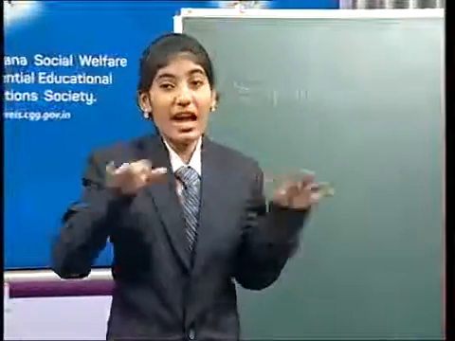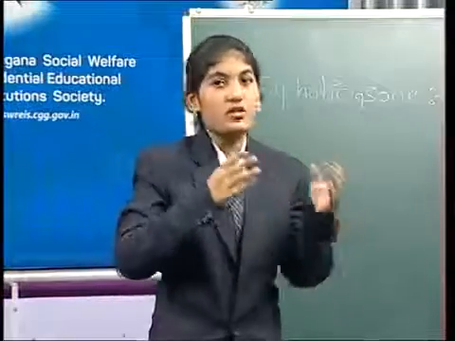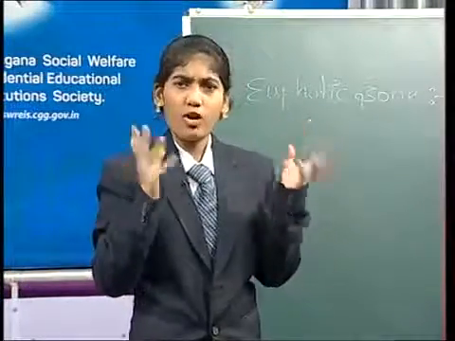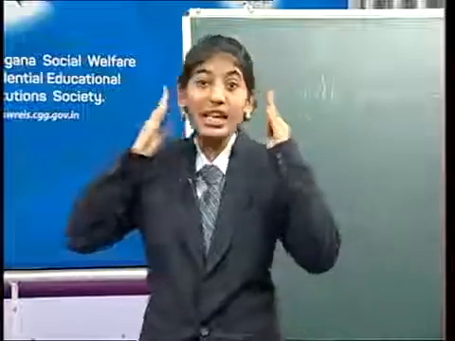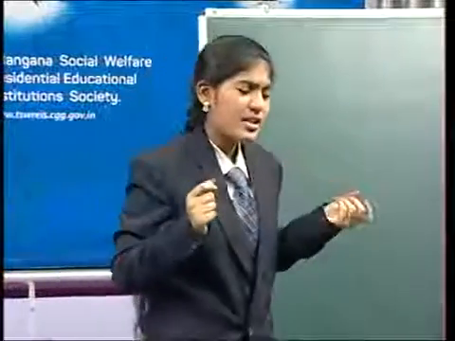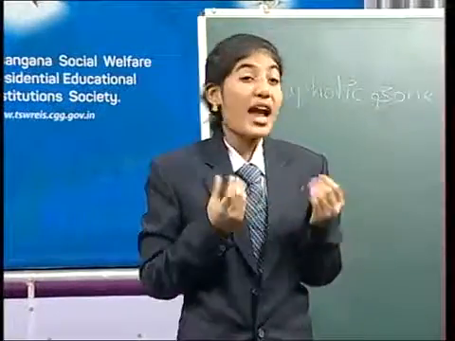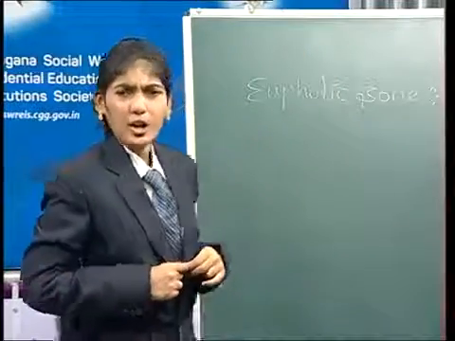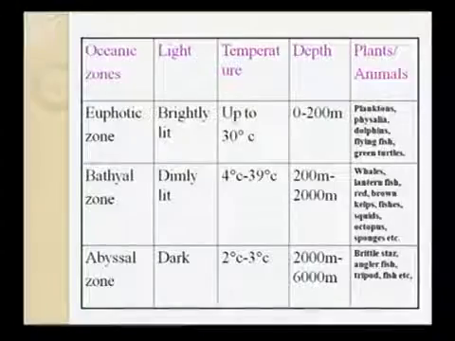And friends, the eye vision of the animals in this zone is sharp. The animals which live in this zone have great eye vision. Okay, and friends, mostly they have shiny bodies. Okay, do you get it? Friends, do you know one thing? What plants can grow in this zone?